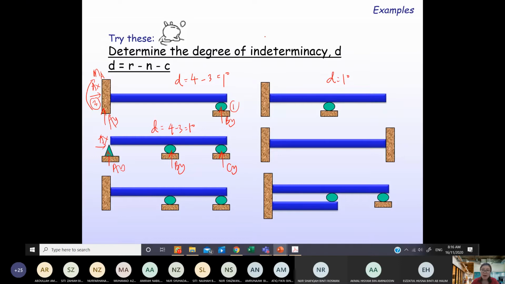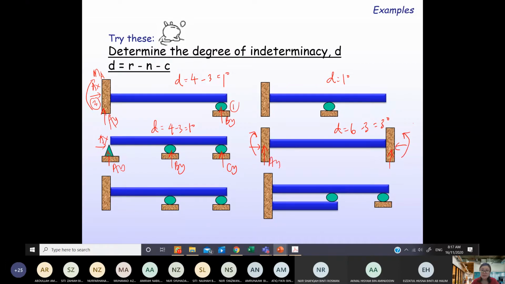So how about case number 4? 6 minus 3, so this is 3 degrees. So this is how to remove the redundants.